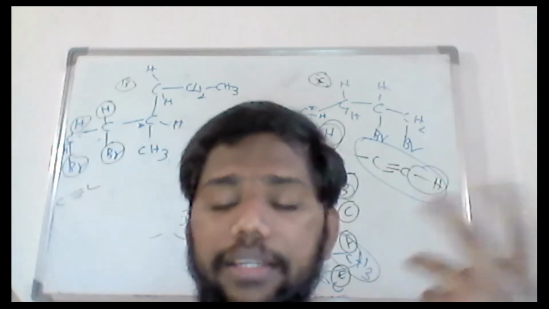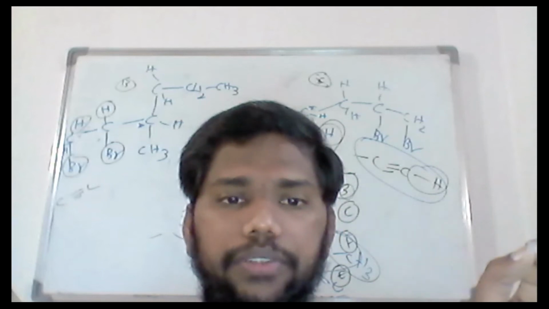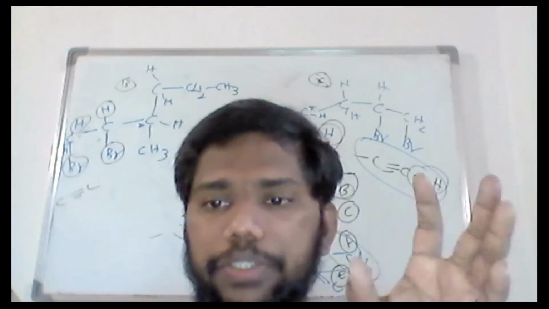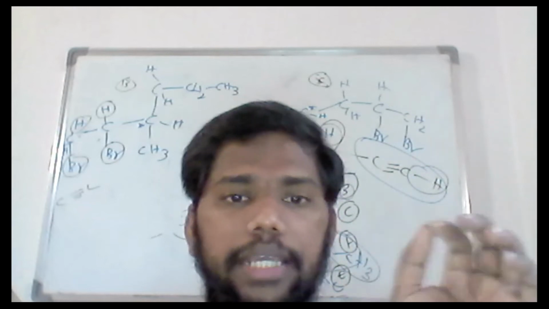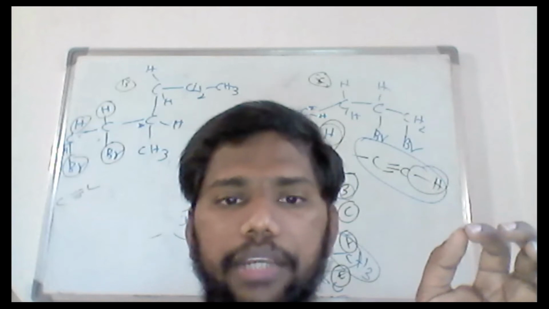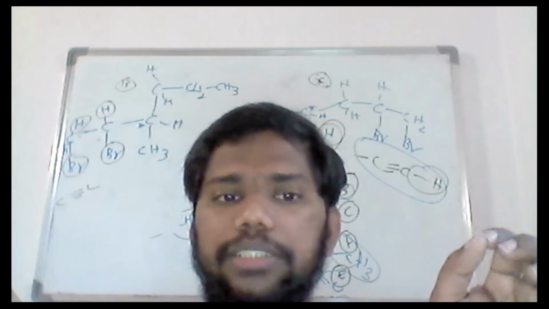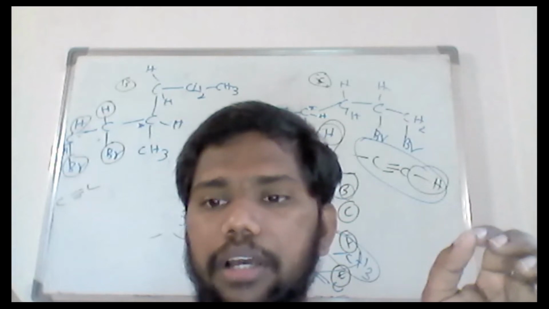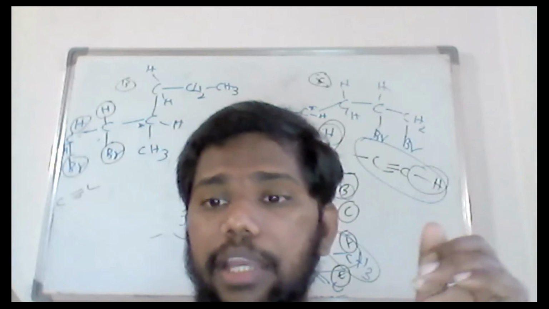For benzene, the characteristic reaction is electrophilic substitution, because first an electrophile is formed, then benzene attacks the electrophile. The electrophile formed from conc. nitric and conc. sulfuric acid is NO2 plus, and this NO2 plus is attacked by the benzene pi electrons to replace a hydrogen by an NO2 group.